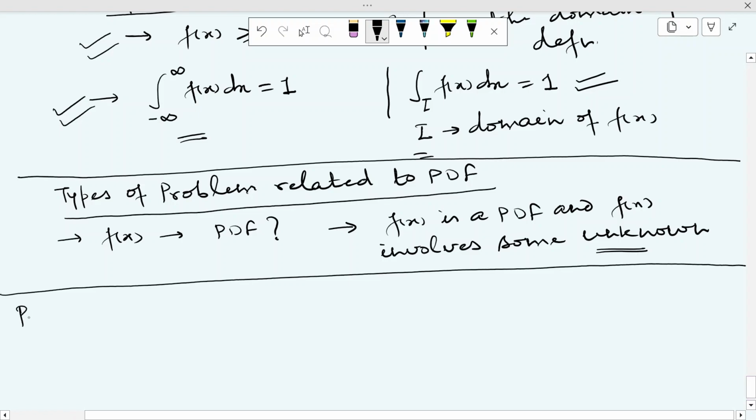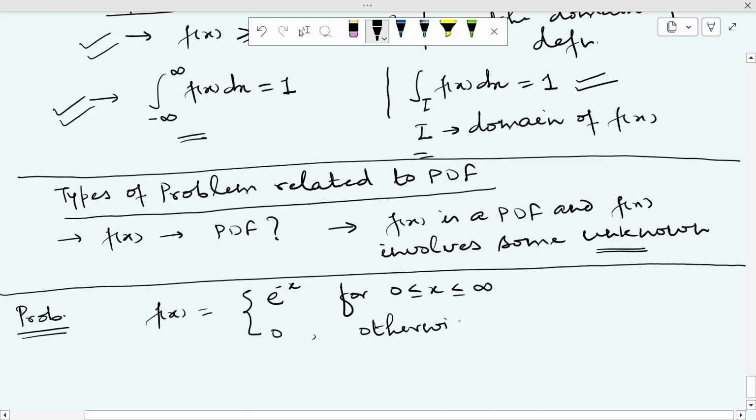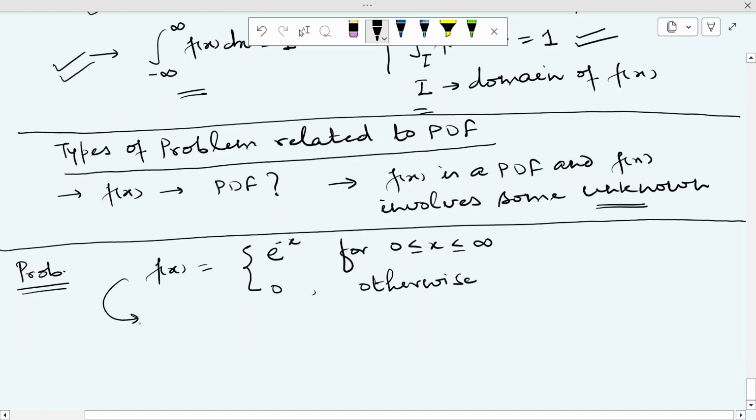We are given a function f(x) which is defined as e to the power minus x for x lying between 0 to infinity, and it is 0 otherwise. We have to check whether this function is a PDF or not.